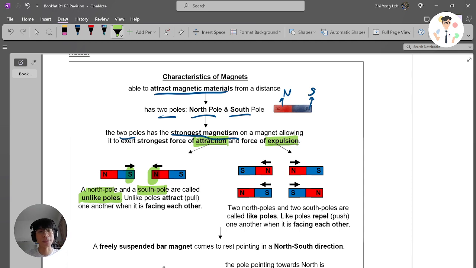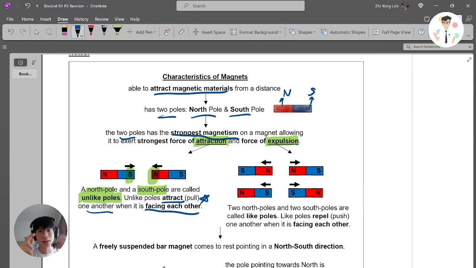That's called unlike poles. When it is unlike poles, they attract one another when facing each other. The keyword here is attract and facing each other.